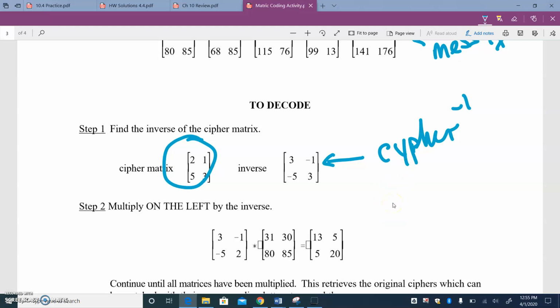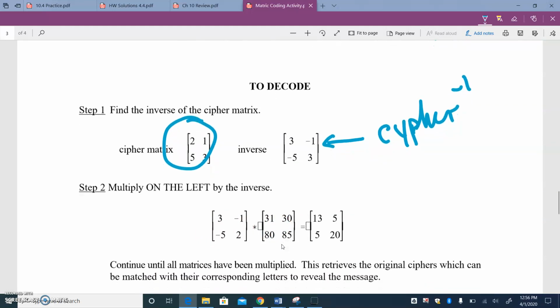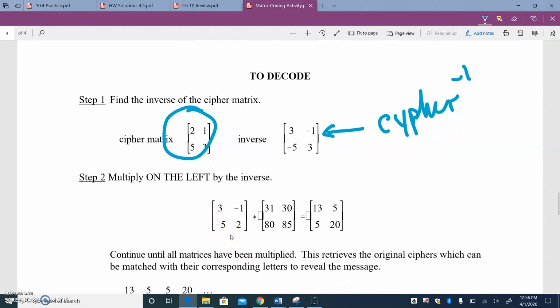So you would have to do a quick little computation, figure out what the inverse matrix is, and then just like we coded, we're going to decode by multiplying through by the inverse. Because we coded on the left side, we're going to decode on the left side here.